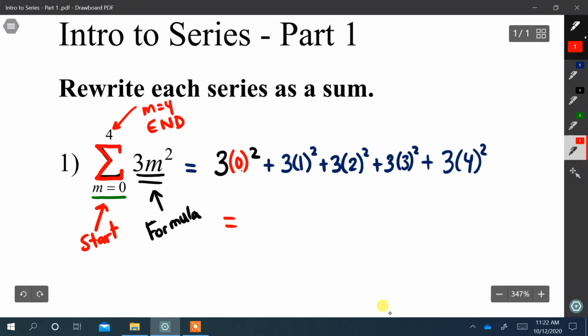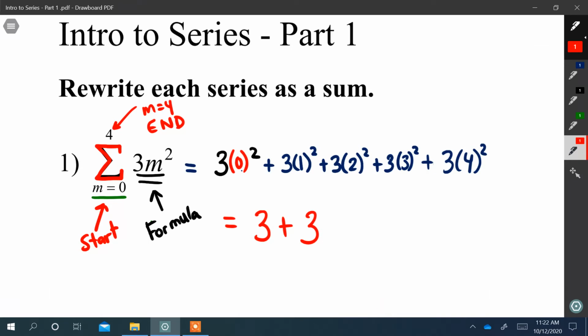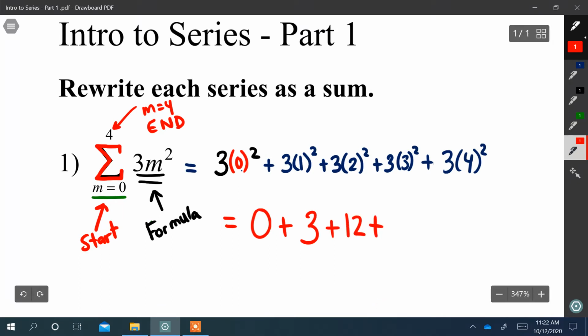All right, so let's simplify that. Well, 0 squared is 0, I'm sorry guys, so you will actually get 0 there. 1 squared is 1, 1 times 3, you also get 3 right there. And then we got 2 squared. Well, that would be 4. 4 times 3, that would be 12. And then 3 squared is 9.